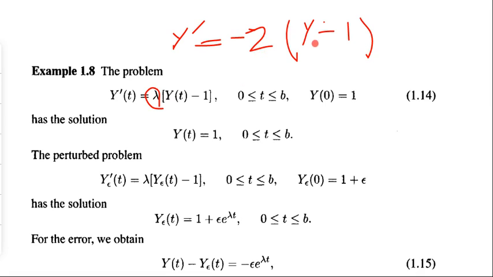This problem, subject to this initial condition, will be a well-posed problem. The solution will be stable. But if someone changes the minus 2 to plus 2, then this problem will be ill-conditioned. So in this initial value problem, the well-posedness or ill-posedness is related to the coefficient lambda.